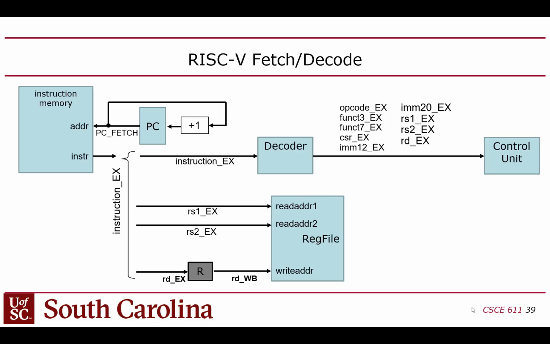So technically, these two fields overlap one another in 12 bits, but that's okay. You can still have two separate signals called immediate 12 and immediate 20. Obviously, immediate 20 is only relevant if a U-type instruction is in the execute stage, that's been fetched, right? So you can basically just rename these.